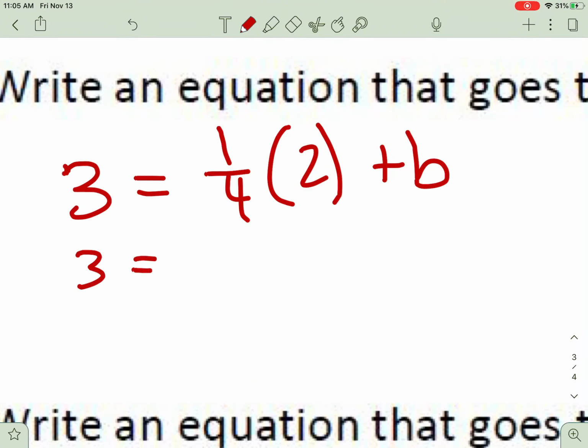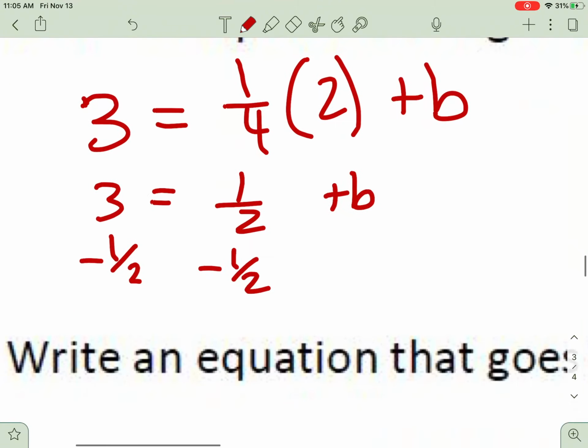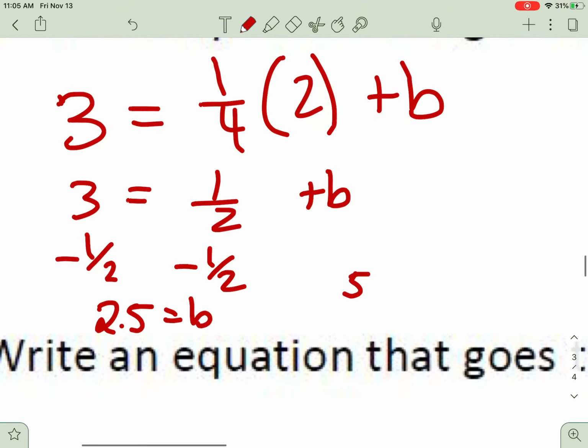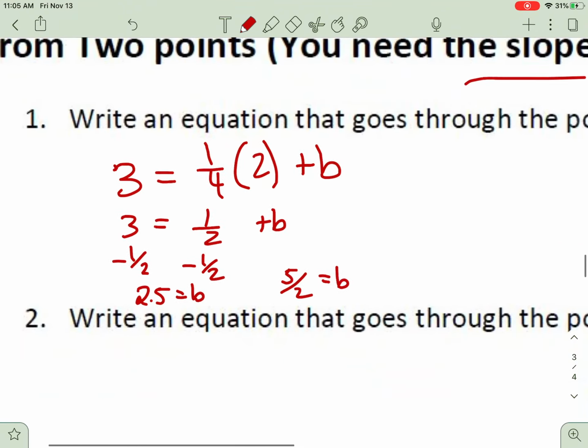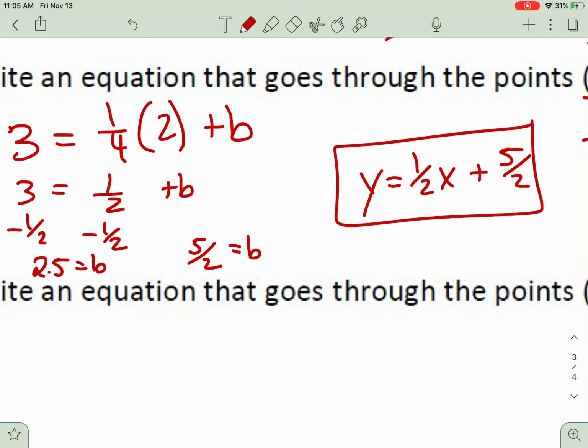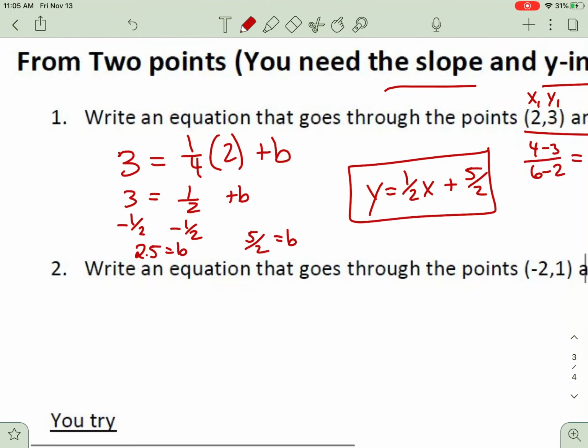So 3 equals 1/4 of 2, which is 1/2, plus b. When I subtract a half, 3 minus a half is 2.5, otherwise known as 5/2. Okay, so our formula here is y equals 1/4 x plus 5/2. We want them both to be in fraction form or decimal form, one or the other.